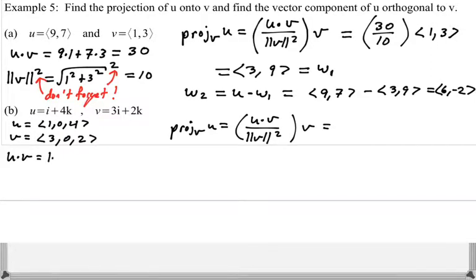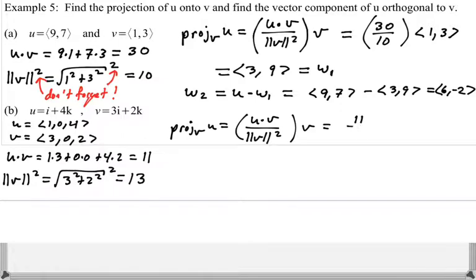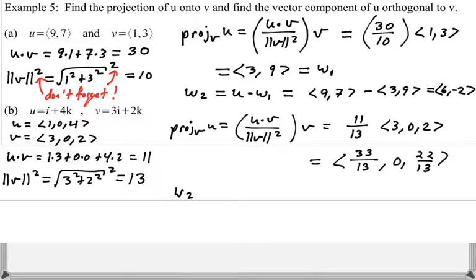When we do the dot product, that's 1 times 3 plus 0 times 0 plus 4 times 2, and that's going to be 11. The magnitude of v squared is going to be 3 squared plus 2 squared, or 13. So that gives us 11 over 13 times the vector 3, 0, 2, which is 33 over 13, 0, and 22 over 13.